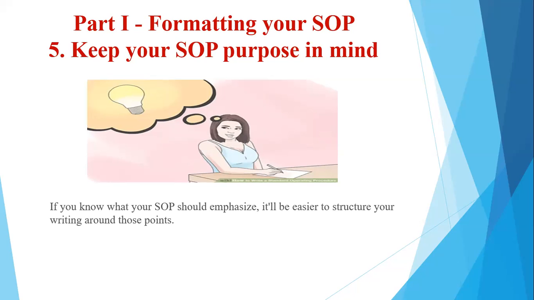If you know what your standard operating procedure should emphasize, then it will be easier to structure your writing around these points. That's where we had stopped with respect to part 1, that is formatting of the SOP.